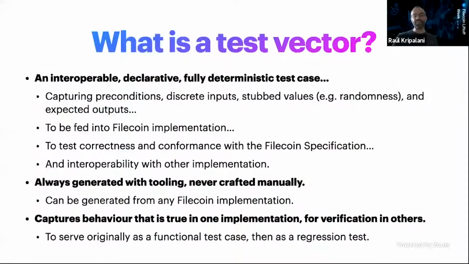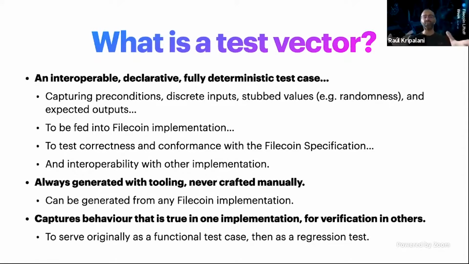All right, so what is a test vector? Test vectors have been incredibly useful to get us all on the same page and to make sure that implementations are able to test themselves against a set of interoperable, declarative, and fully deterministic test cases. A test vector captures preconditions, inputs, values that are coming from the environment, which are stubbed, like randomness, and also the expected output.